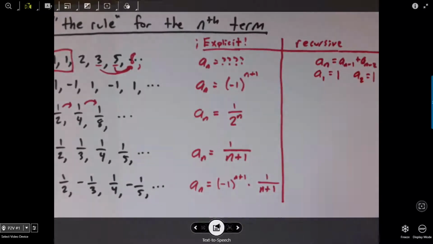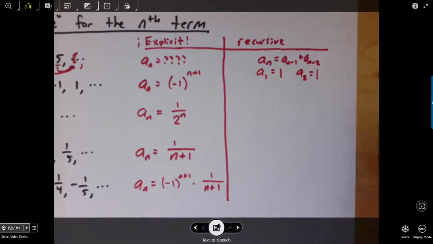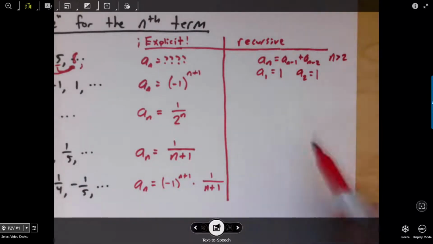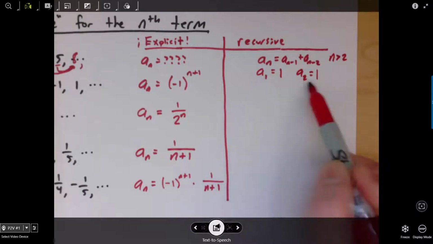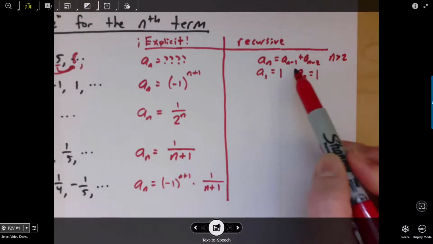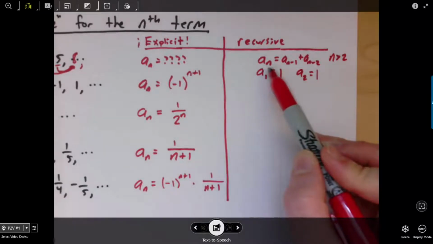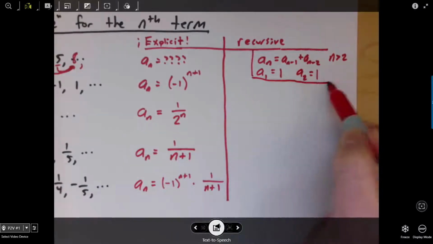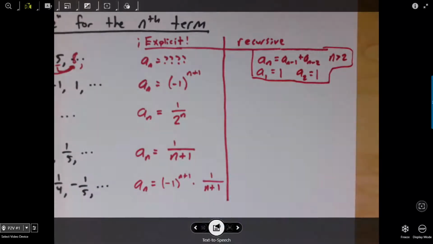So you think about those as the starting values, and then every value, like n greater than 2. So if n is 1 or 2, we tell you the values. And then if n is larger than 2, we use this rule where you can compute the larger ones in terms of the smaller ones. So that's usually the idea for how you would define a rule recursively.